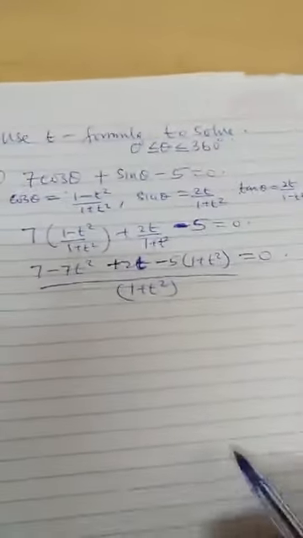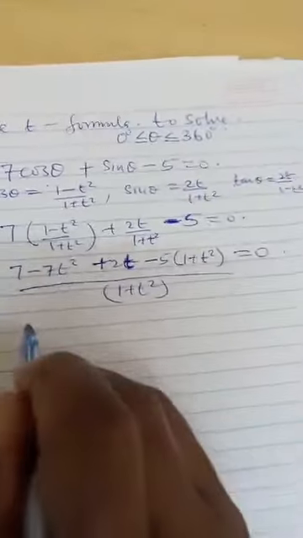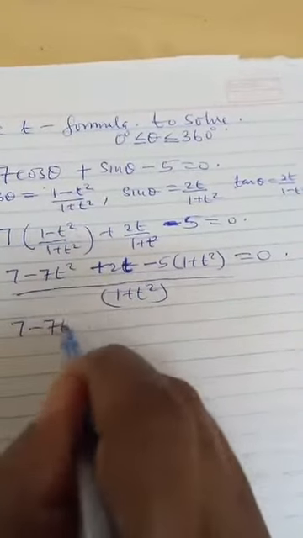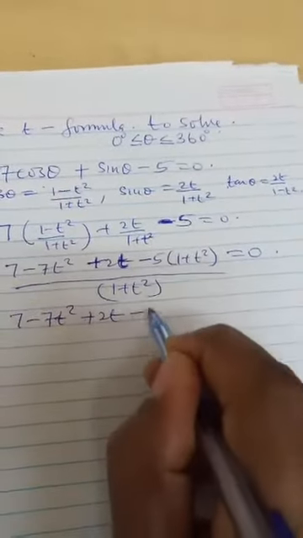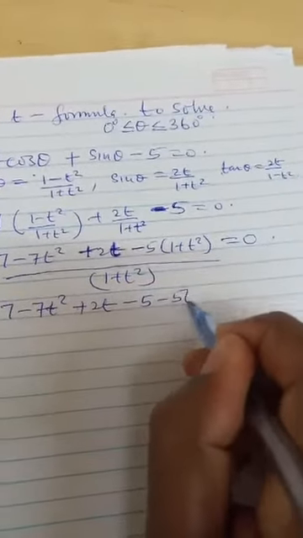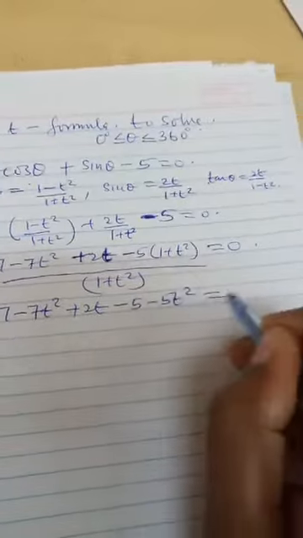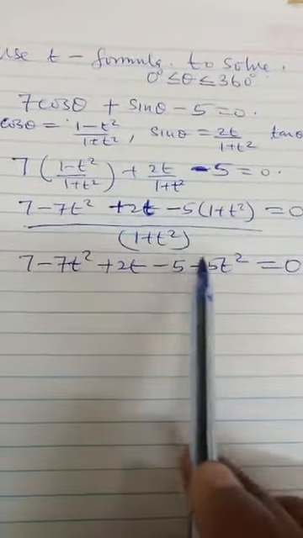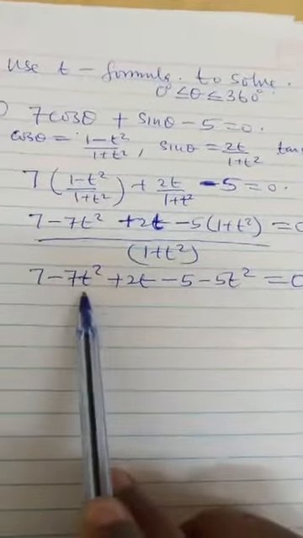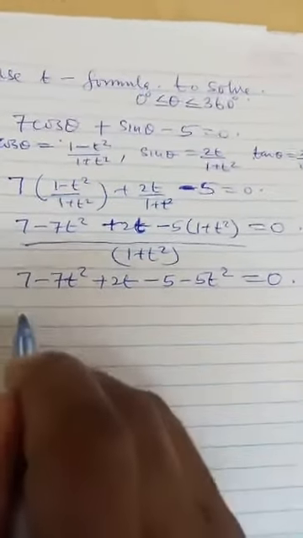Now, we rearrange by opening. We shall get 7 minus 7t squared plus 2t. Here now, this now requires consistency and steadiness. Will now be equal to 0. In quadratic format, I am going to take everything to the right hand side because this 5 and this 7 will give us 12t squared.